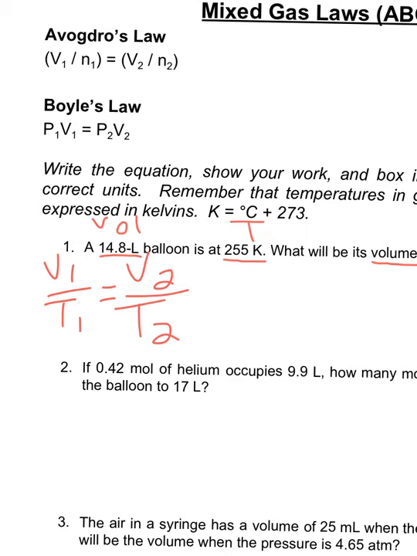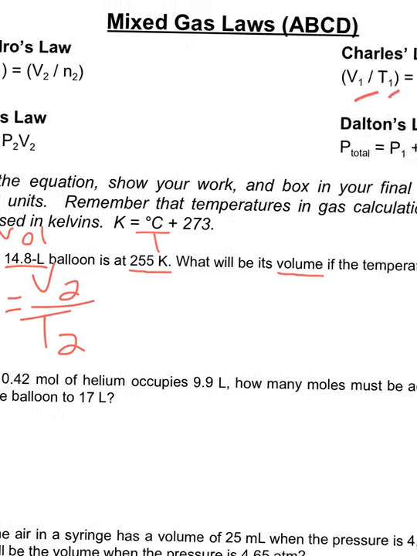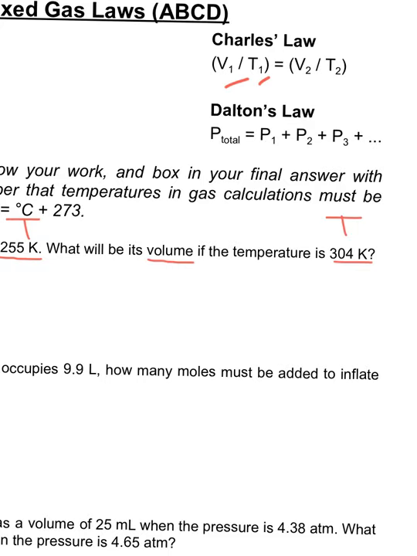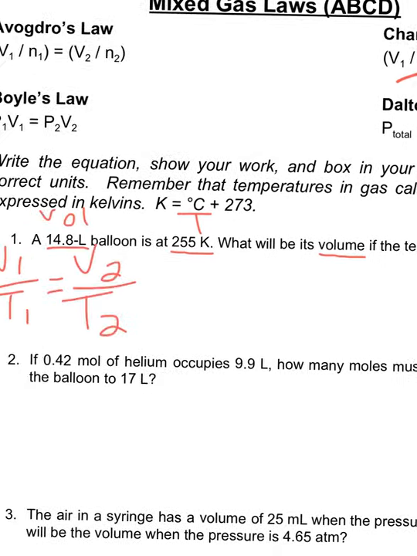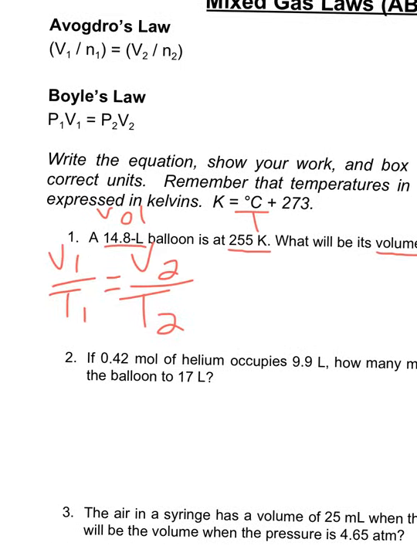What is V1? What is T1? Okay, well, the ones represent the conditions before anything changed. A 14.8 liter balloon is at 255 Kelvin. What will be its volume if the temperature is 304 Kelvin? So look at these two values here, 14.8 and 255.